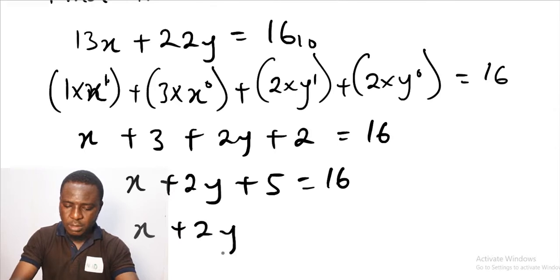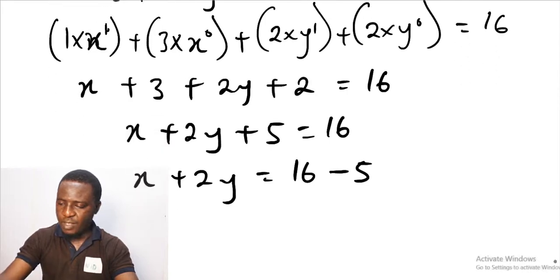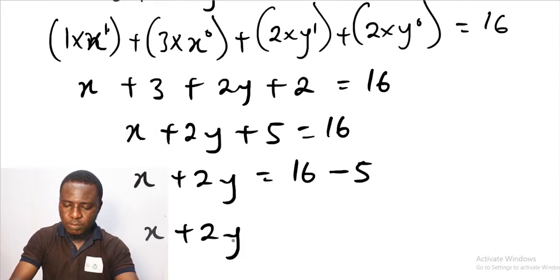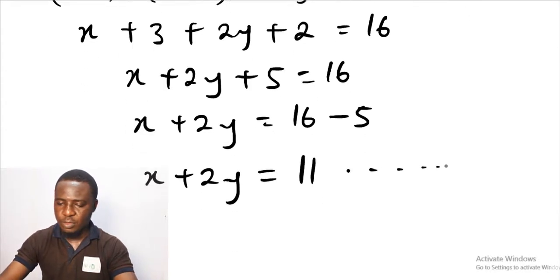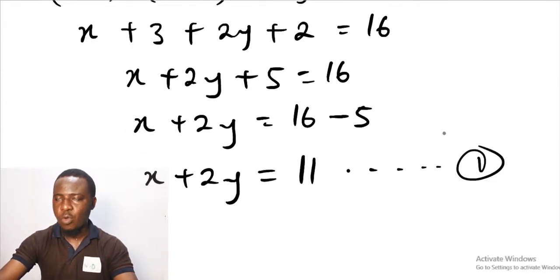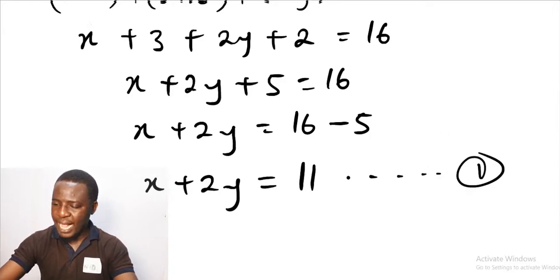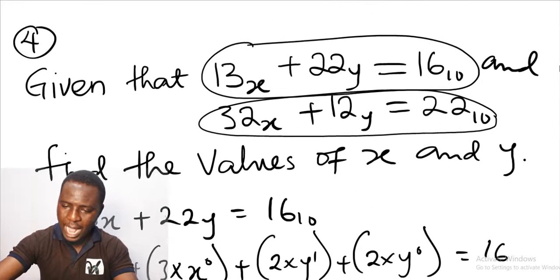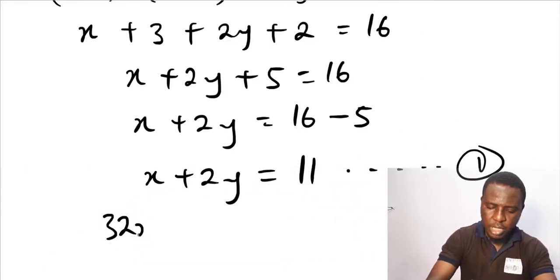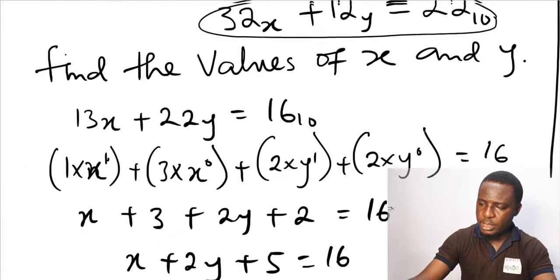This is x plus 2y is equal to 16 minus 5. That is x plus 2y is equal to 11. Call this equation 1.